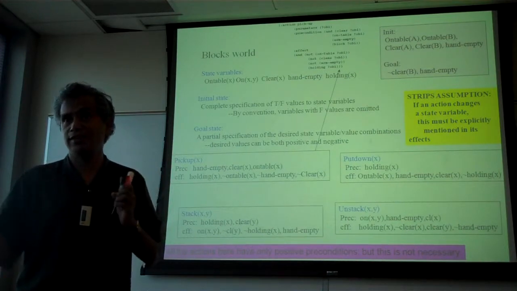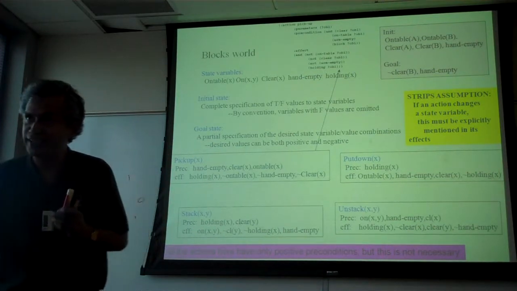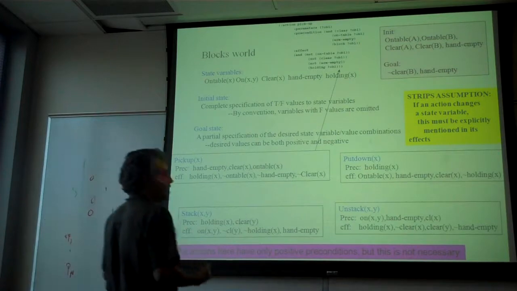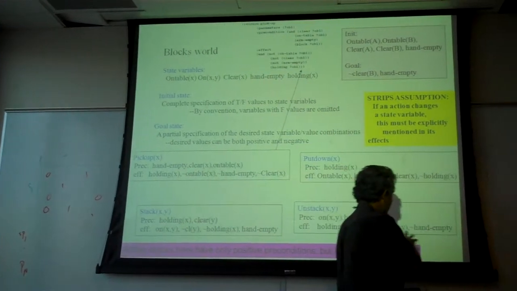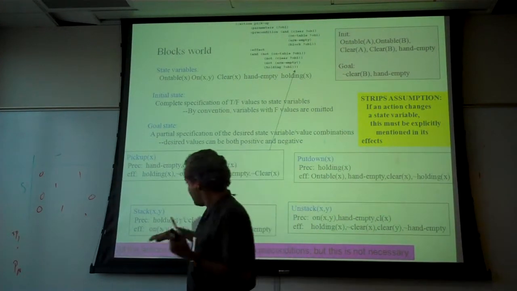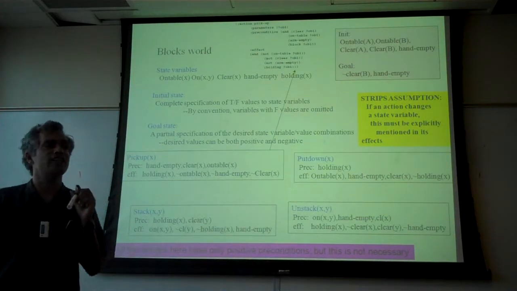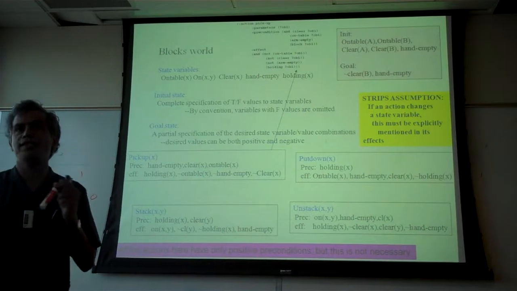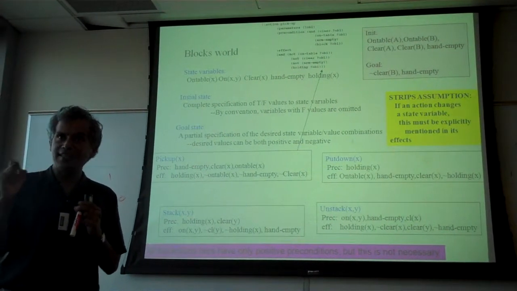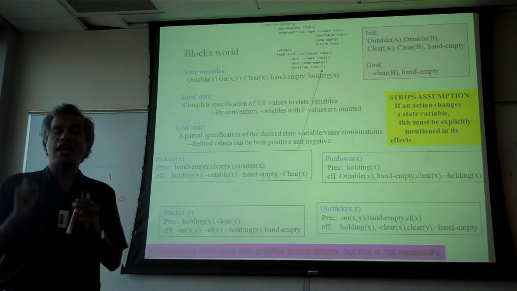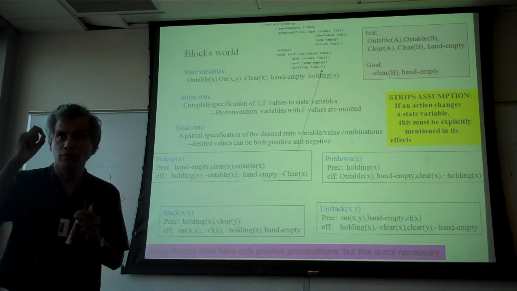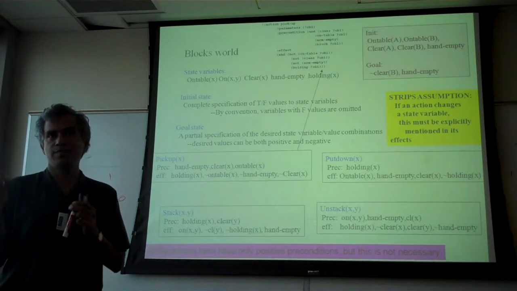Because of that, these particular actions are said to be positive precondition actions because they only have positive preconditions. That means their partial assignments over variables are all talking about true values for some variables.